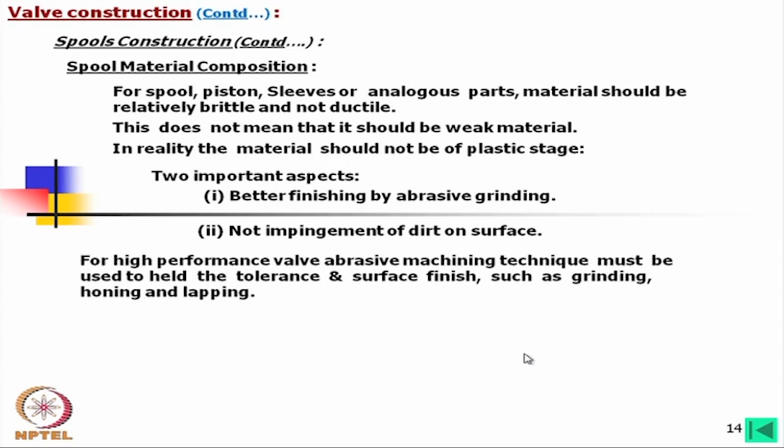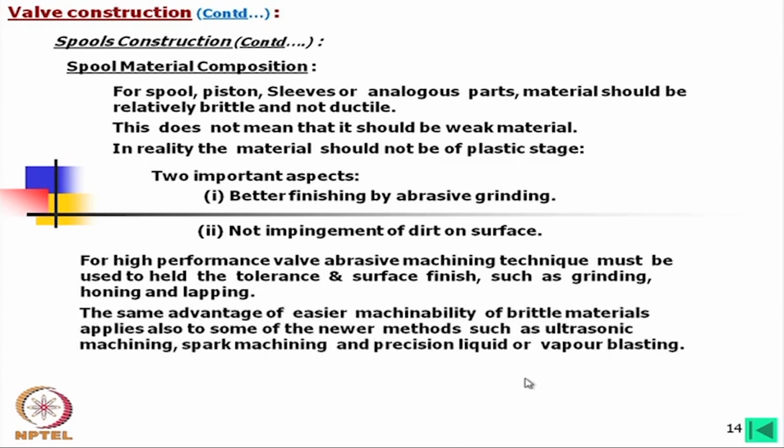For high performance valve, abrasive machining techniques must be used to help the tolerance and surface finish, such as grinding, honing and lapping. The same advantage of easier machinability of brittle materials applies also to some of the newer methods such as ultrasonic machining, spark machining and precision liquid or vapor blasting.